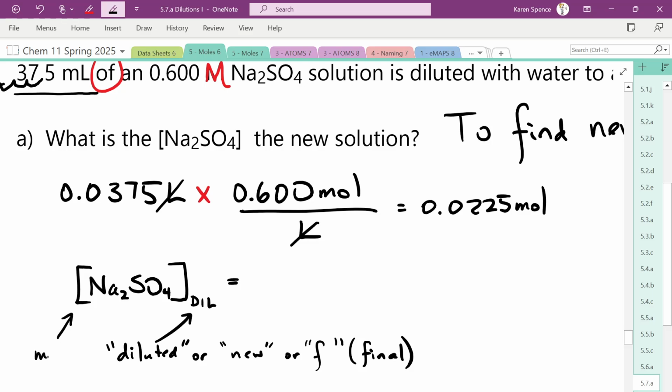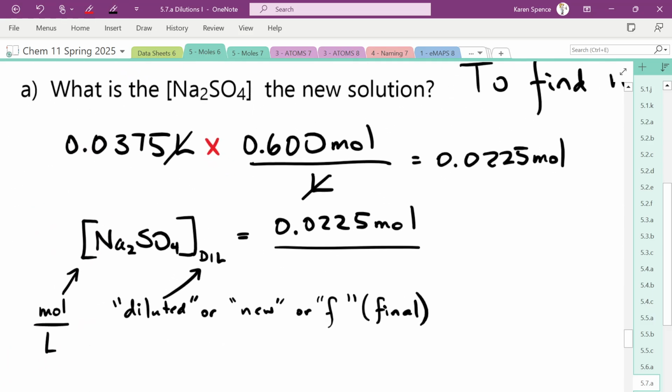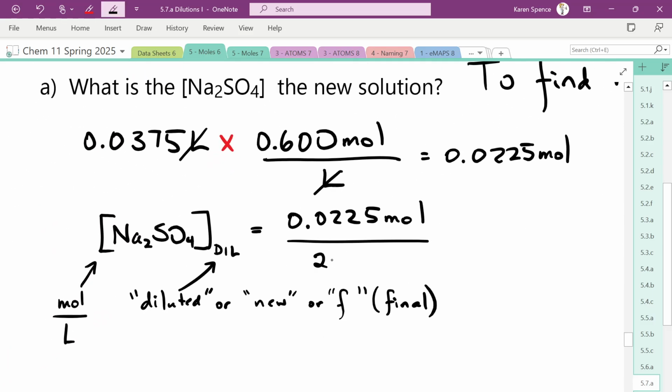Concentration is always the moles over the liters. So we're going to take our 0.0225 moles, and that is in our new volume. It says our final volume is 250 milliliters. 250 milliliters.